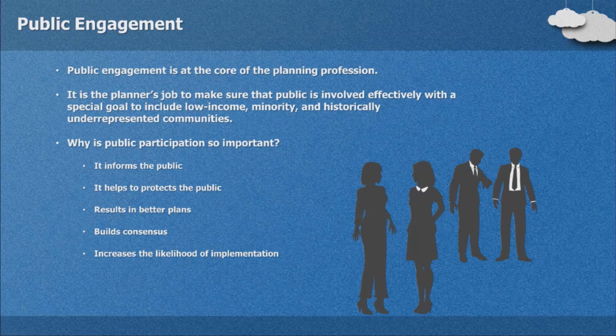So why is it important? We inform the public. Public outreach helps protect the public, will result in better plans, builds consensus, and increases the likelihood of implementation. I like to say planners should be planning with a community, not at a community, and public engagement is sort of key to that.